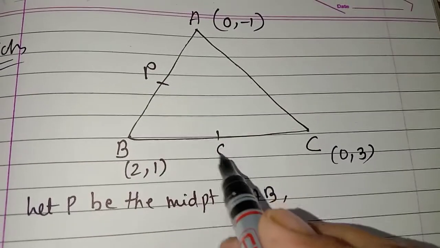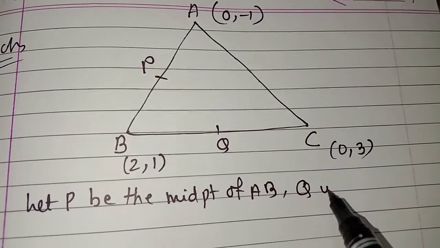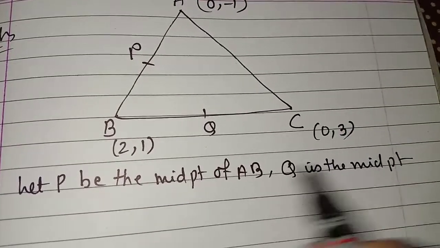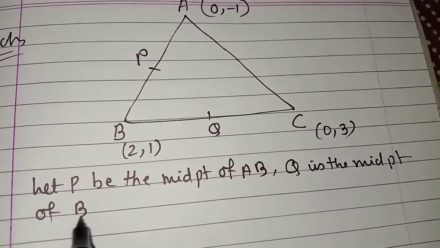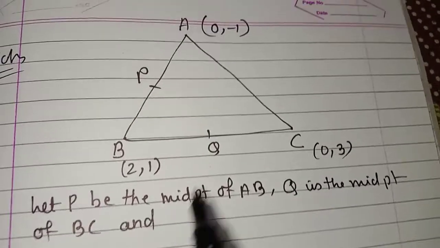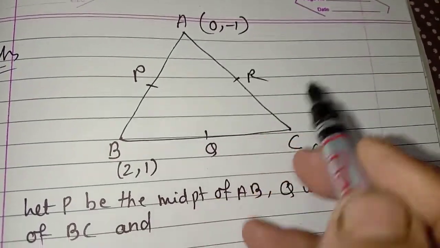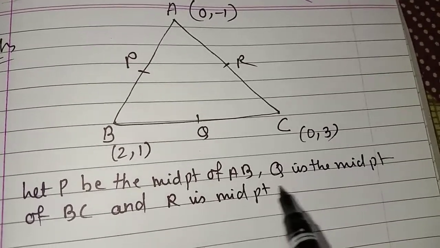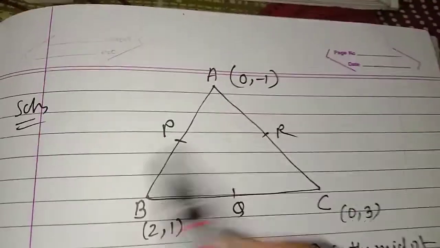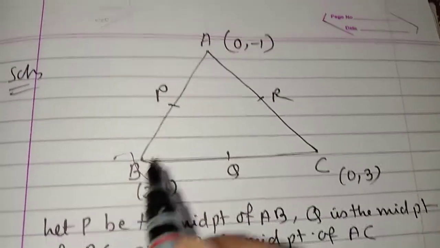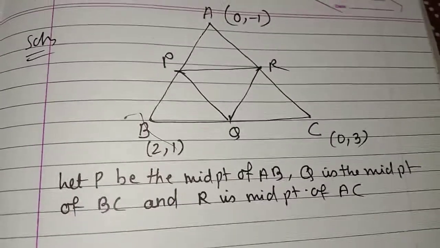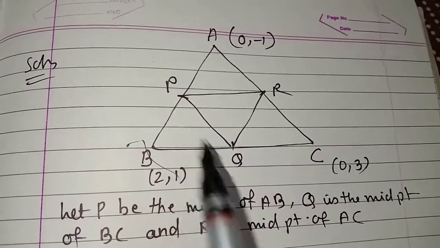Then Q is the midpoint of BC and R is the midpoint of AC. So here you can find a triangle is formed. Now we don't know the coordinates of P, Q and R.